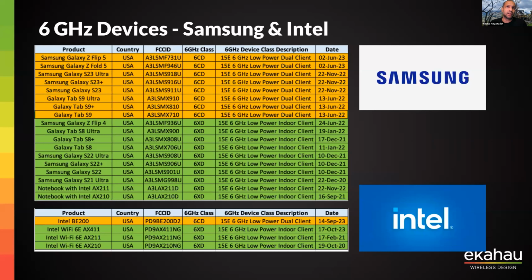Any 6 GHz client device, users should be able to verify the FCC ID. On the phone display, you can go through the About Phone steps and get the regulatory information. Even the packaging should list the FCC ID.